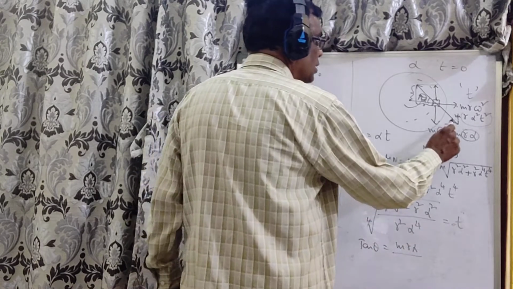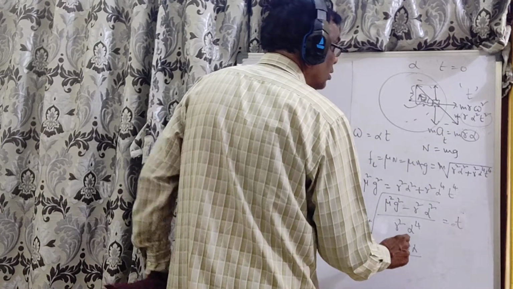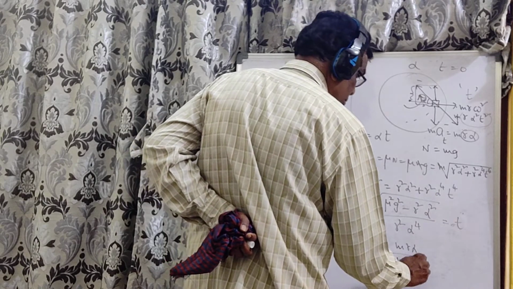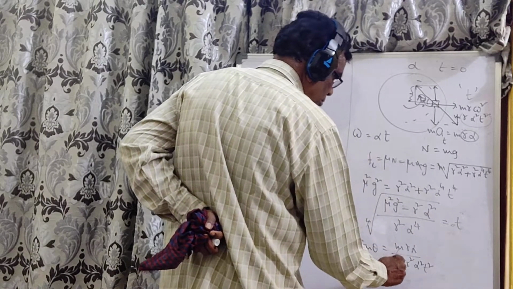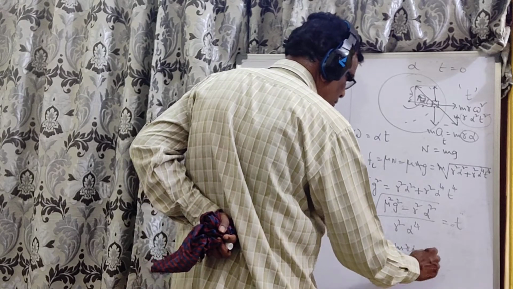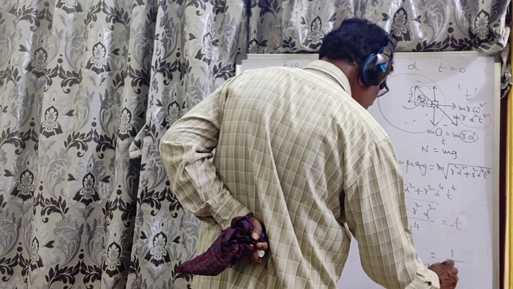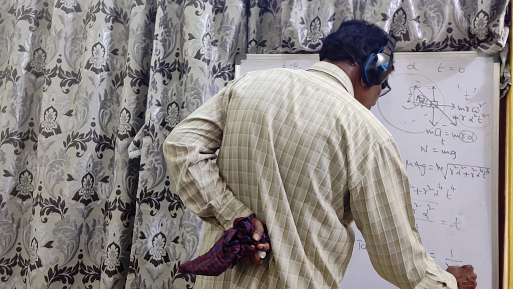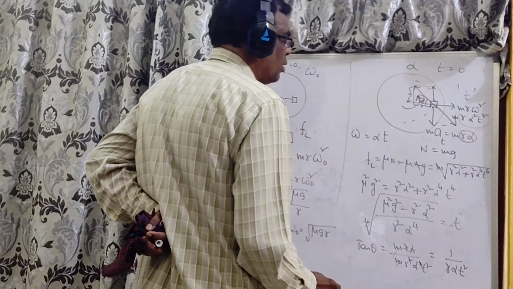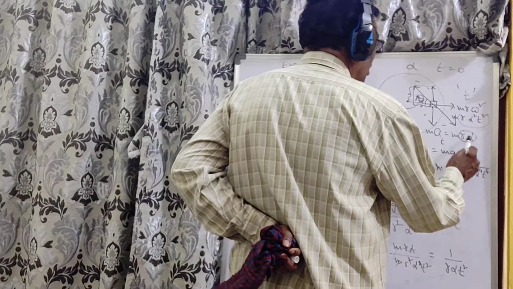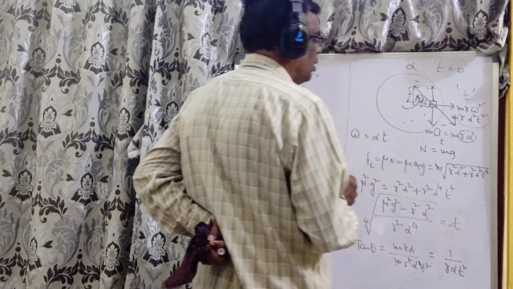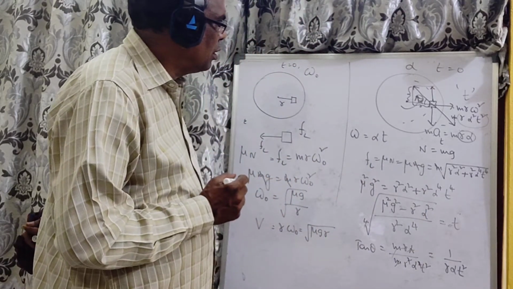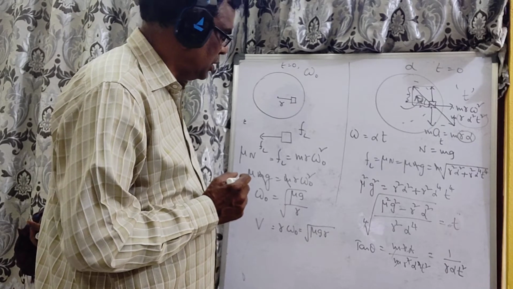The other one is m r omega squared, m r alpha squared t squared. Omega is alpha t.